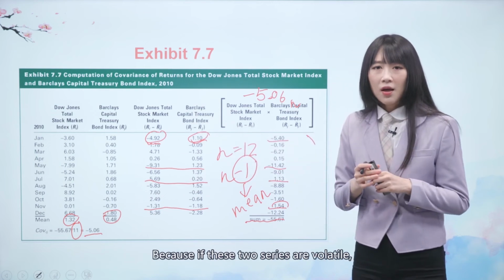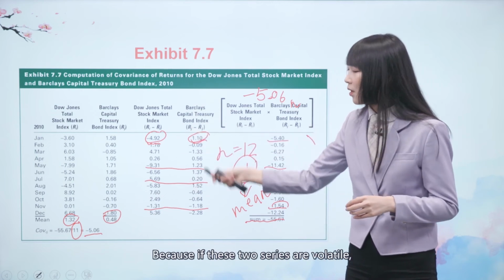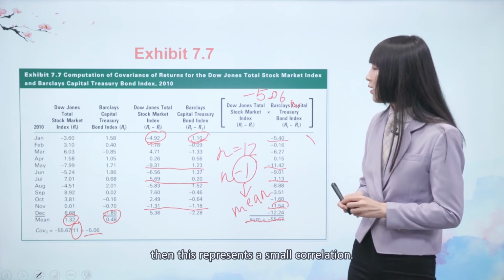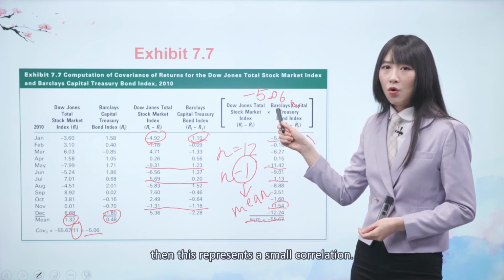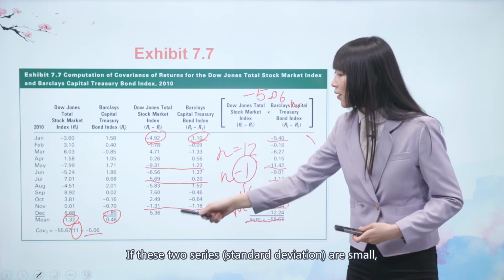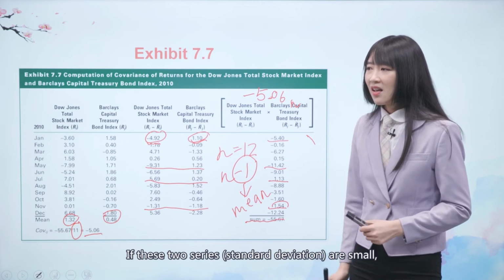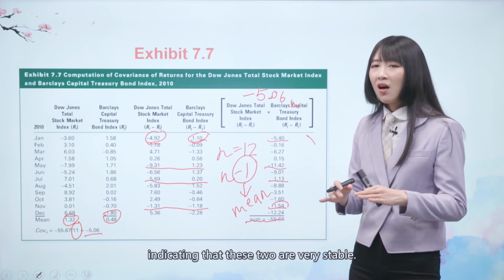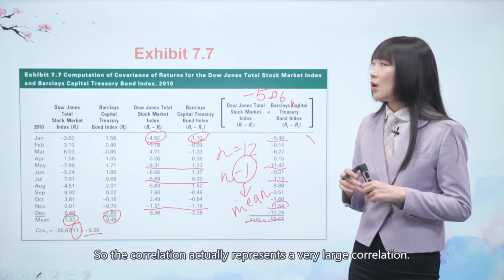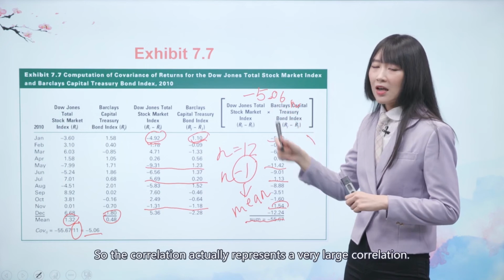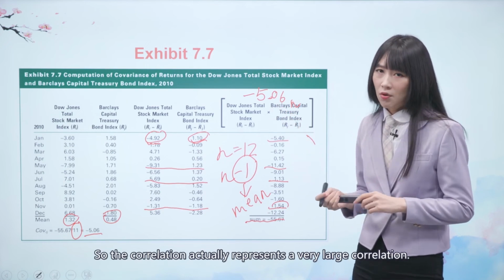Because if these two are volatile, then this represents a small correlation. If these two are small, indicating that they are very stable, then the result actually represents a very large correlation.